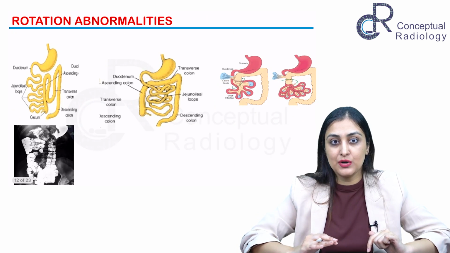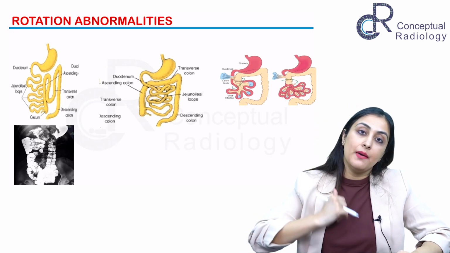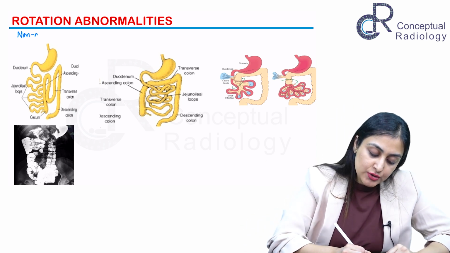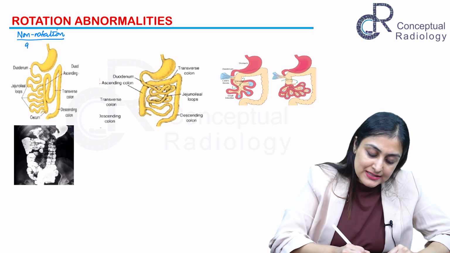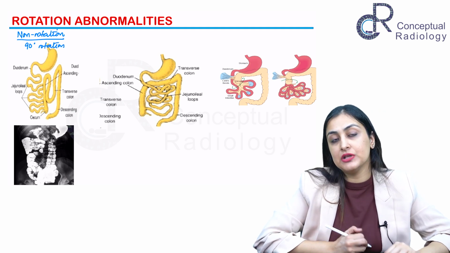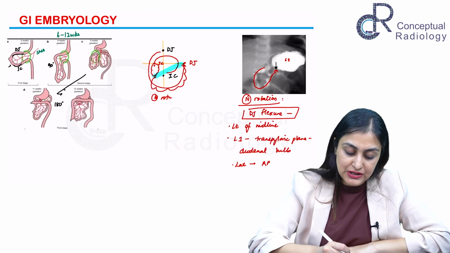Now let's understand what happens in abnormal rotation, or let's talk about rotational abnormalities. First thing we have to consider here is non-rotation. So what happens in non-rotation is that only the first 90-degree anti-clockwise rotation happens. Rest of it doesn't happen. So now let's go back to this picture here and understand how this will translate.